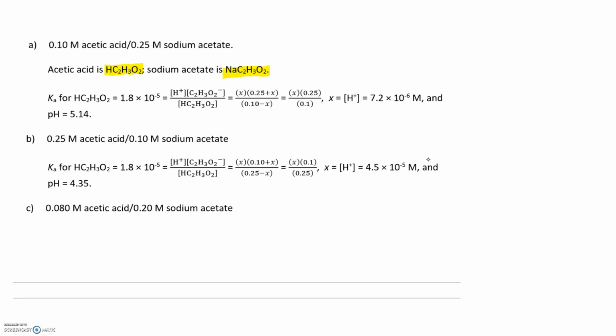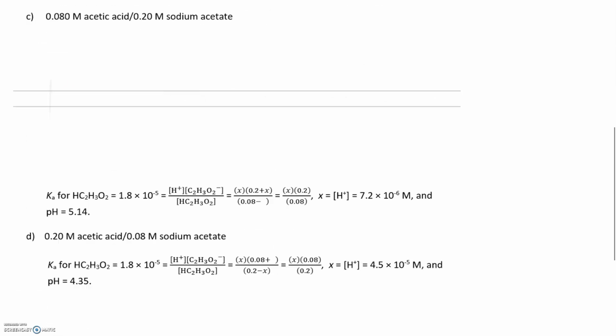And when we had a ratio of 0.25 to 1, we got a pH of 5.14. Did you notice? If we take 0.25 and divide it by 0.1, we get 2.5.